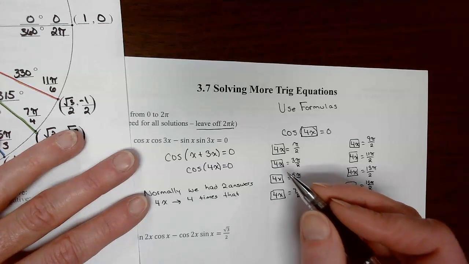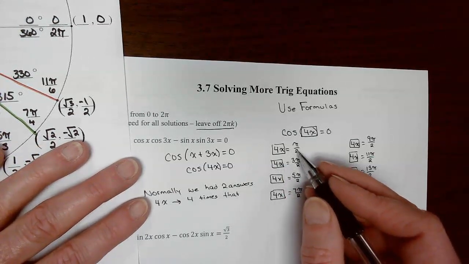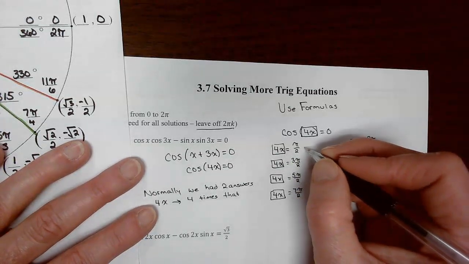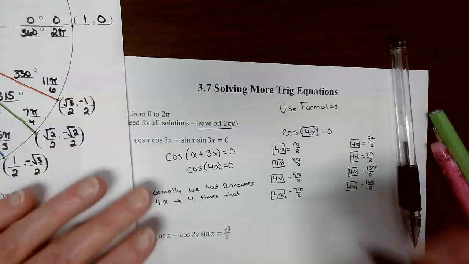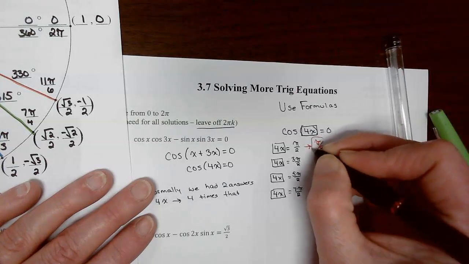If I actually solve for x, I'm going to divide by 4. So pi over 2 divided by 4 is going to give me, and I'm going to do this in a different color, the answer pi over 8.